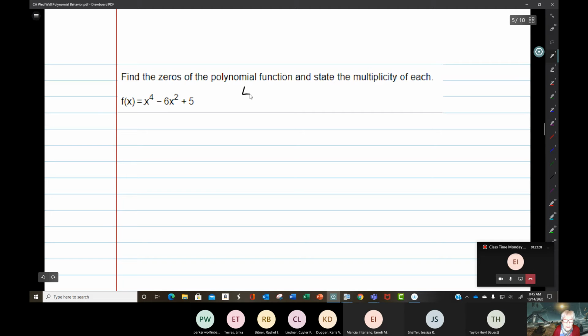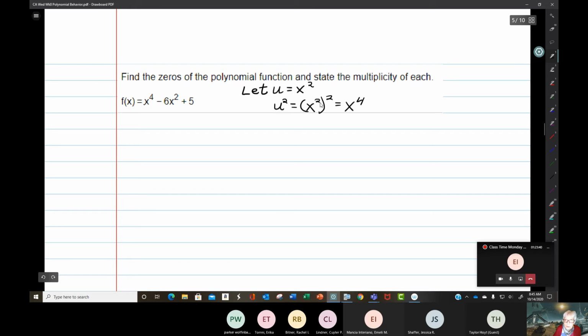I'm going to let u equal x squared. u squared is going to equal x squared squared, which is x to the fourth.